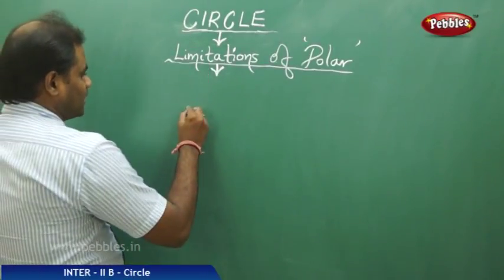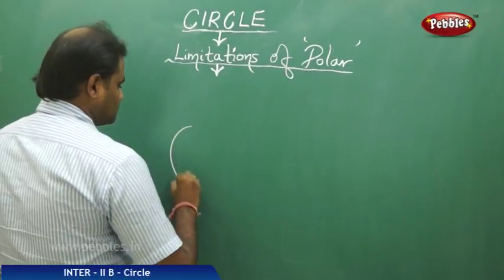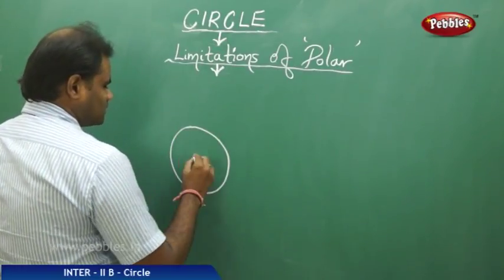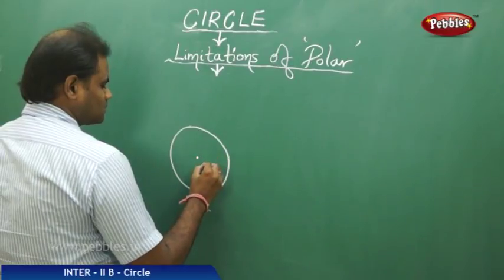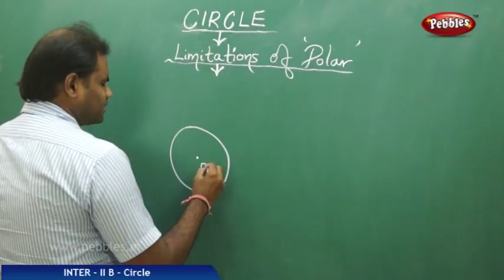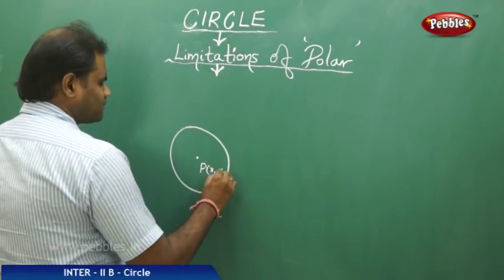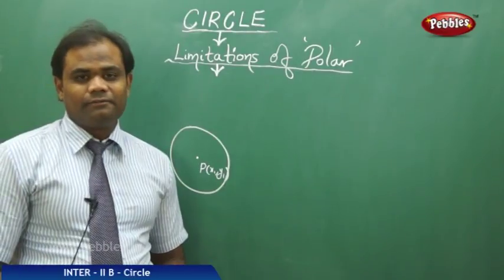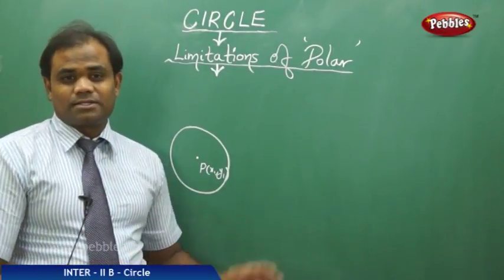For example, I take a circle with center C. If the pole is the center of the circle itself, then going by the definition of the polar, initially we draw the chords passing through P.